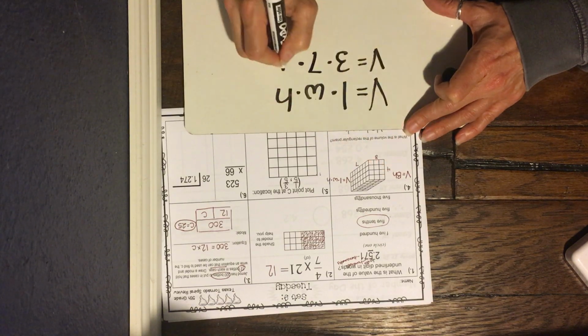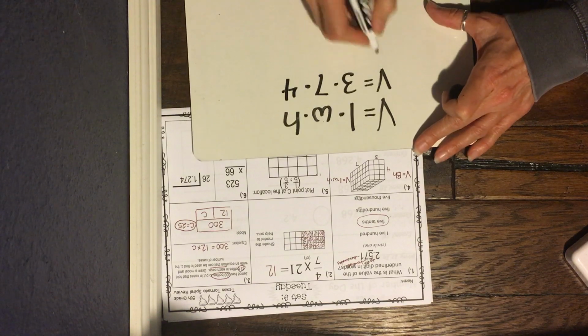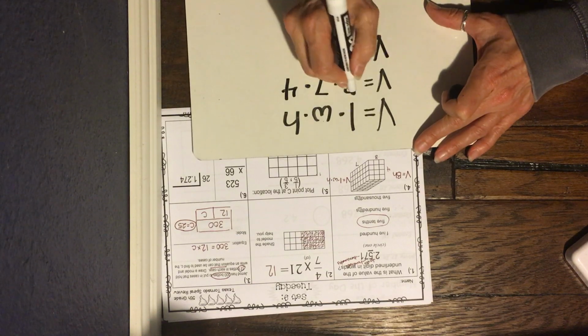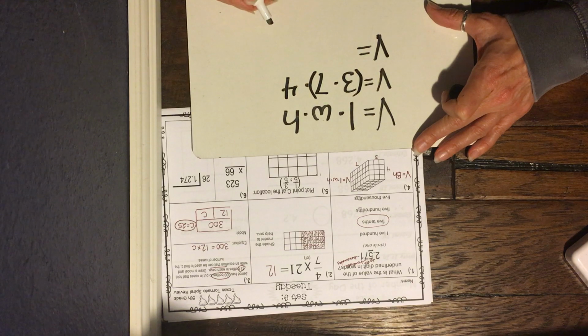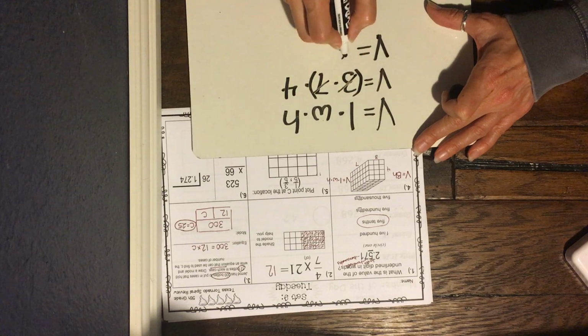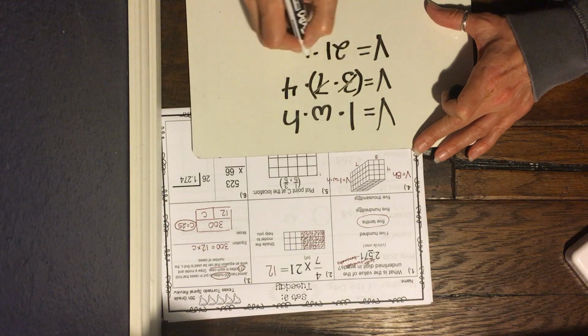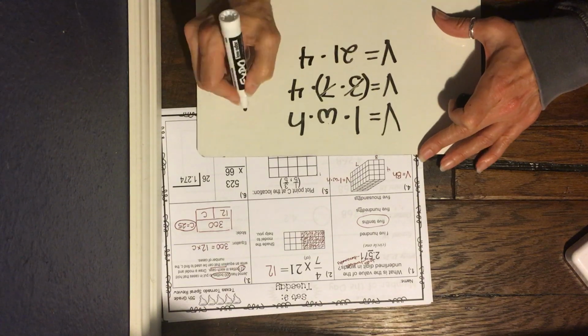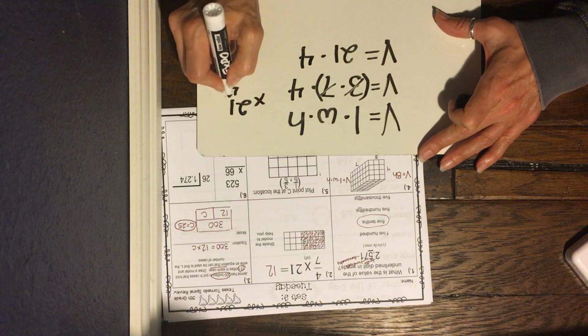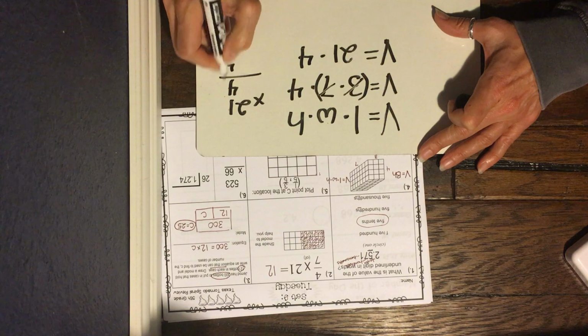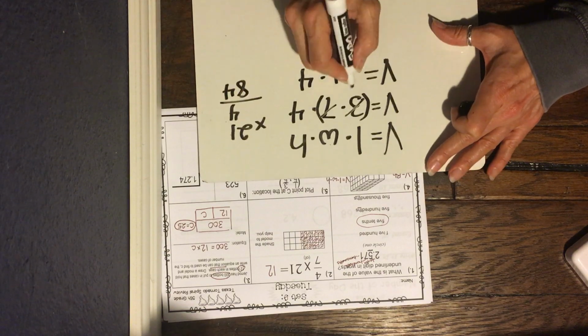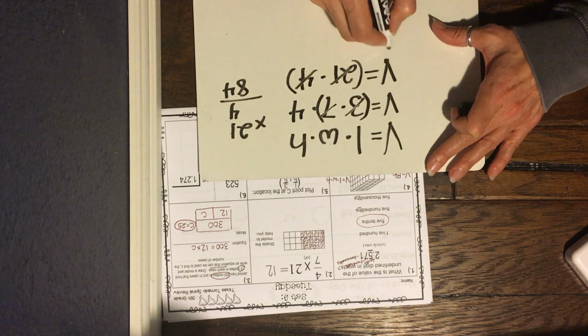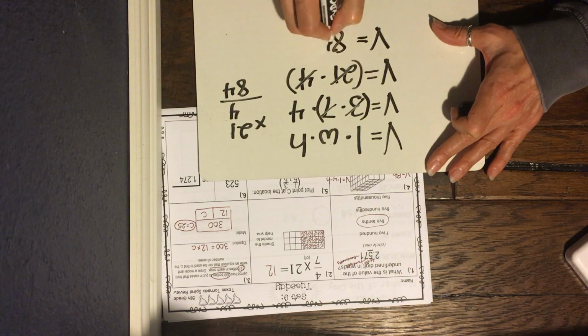Our height is 4. Okay, so we're going to keep going. We're going to do this first, just like a PEMDAS. We've got 3 times 7 is 21. We've got our times 4 left. So we're going to come over here and do our 21 times 4. 4 times 1 is 4. 4 times 2 is 8. So we've done this now. And our volume equals 84.